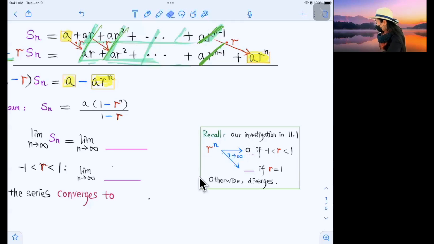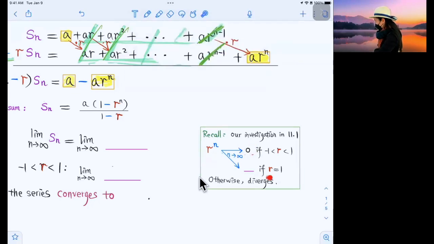For example, like 1/2, right? 1/2 to the n. You keep on multiplying by 1/2, then it's closer and closer to 0. Think about you have a piece of string, and you take only half of it, and then you take only half of that. The more times you multiply by 1/2, the smaller the quantity, closer and closer to 0.